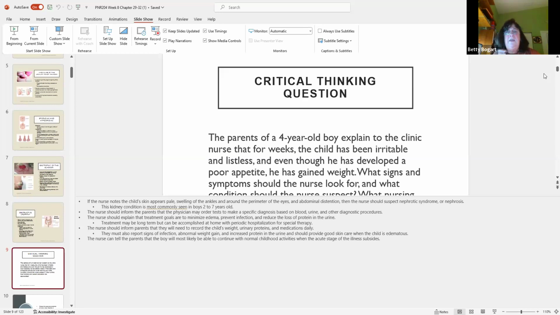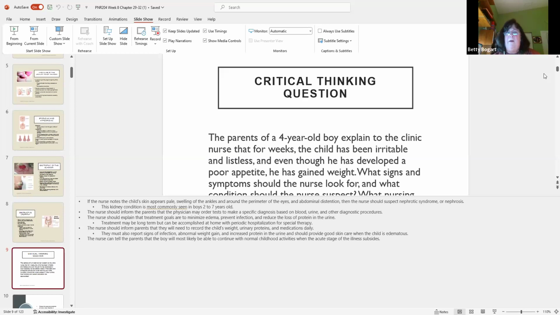What we do with these children, as nurses, is the treatment, usually steroids, and we need to figure out, is it working? These children will be on fluid restriction, salt restriction, given the steroids to treat it, and we'll be monitoring intake, output, and daily weights.